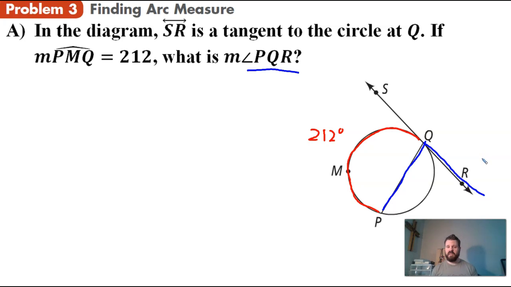There's a couple ways I could figure this out. The first thing I could do is figure out what arc PQ measures. And that's going to be equal to 360 for the entire circle, minus this 212.